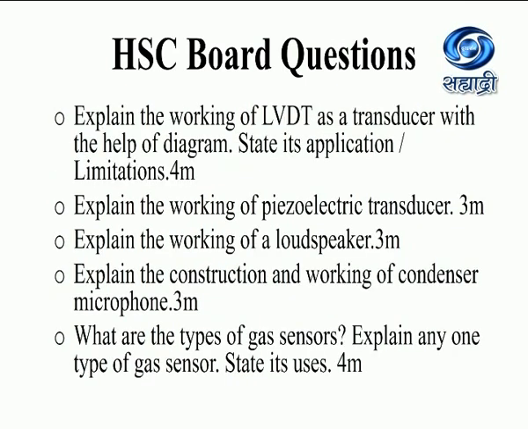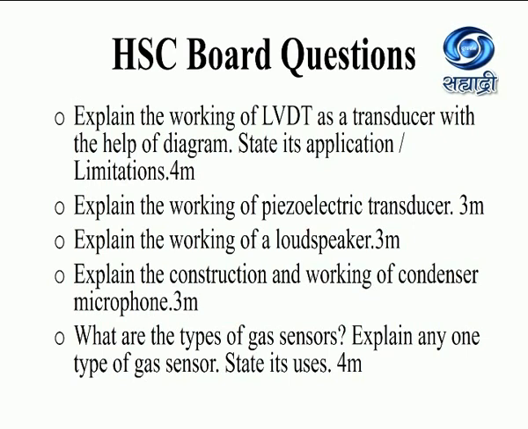Next question is explain the working of LVDT as a transducer with the help of diagram. State its applications or limitations for 4 marks. So now this question is asked for 4 marks. First of all, you have to explain what you mean by LVDT. You have to draw the diagram of LVDT. You can draw the internal diagram also, like primary and 2 secondary coils.